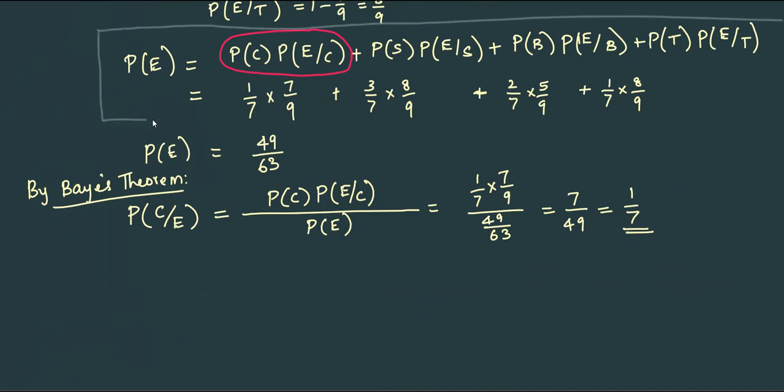So we just need to write this, and then the first term divided by the total. If we do, we get the Bayes probability result. So 1 upon 7 is the probability.